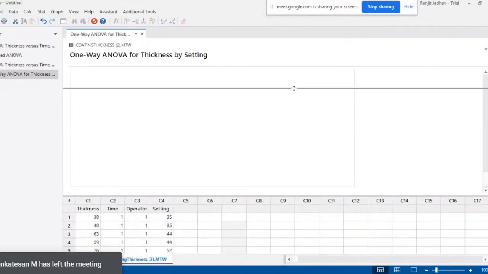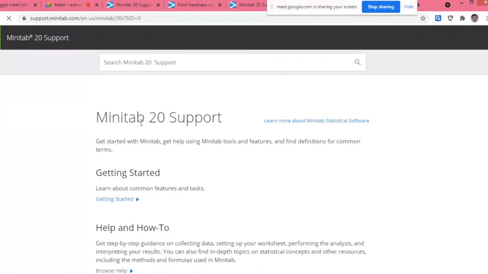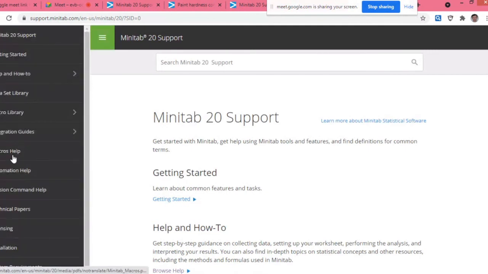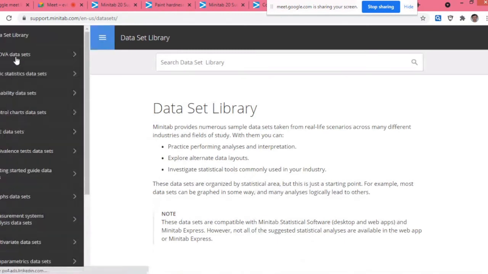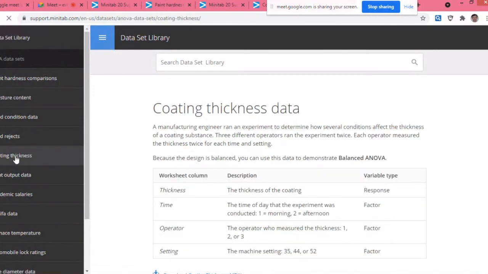Can you see the screen? Yes, sir. Here we can see this is in a tabular format. We will go to the example again so that it is clear. How several conditions affect the thickness of the coating.